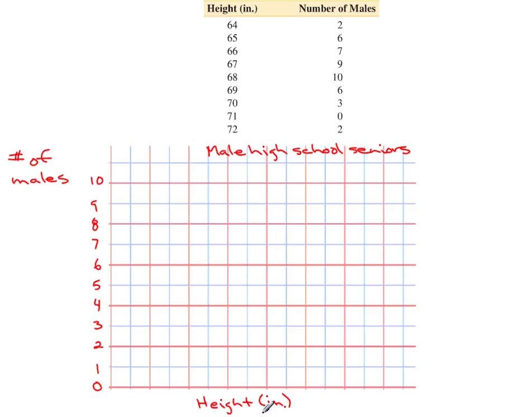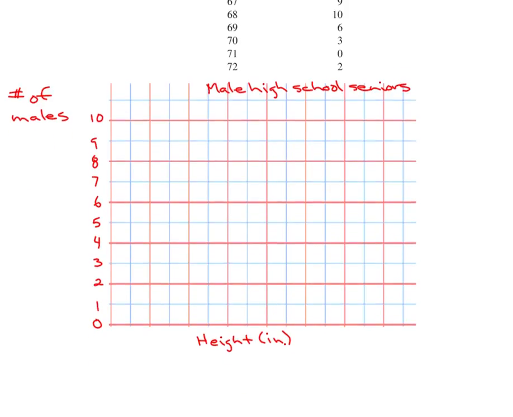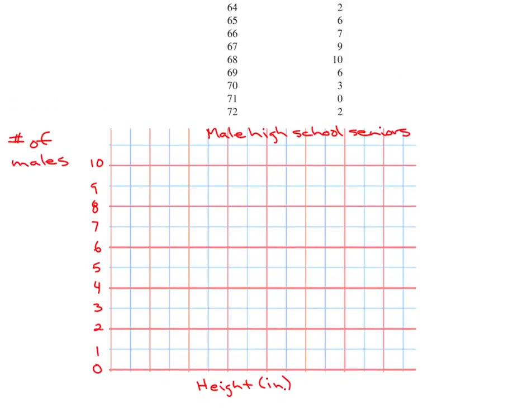Then our height along the horizontal axis will start with 64, 65, 66, and so on, until we've included all the heights, which go up to 72 inches.